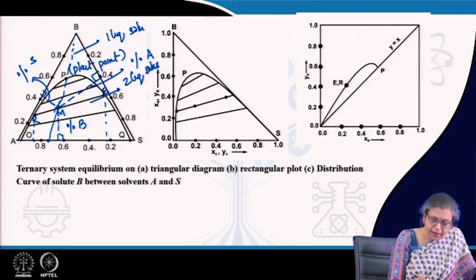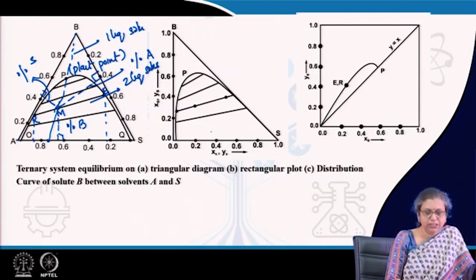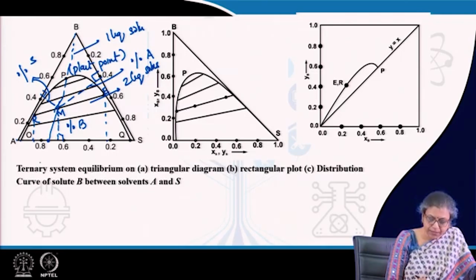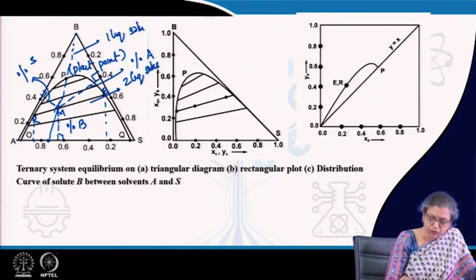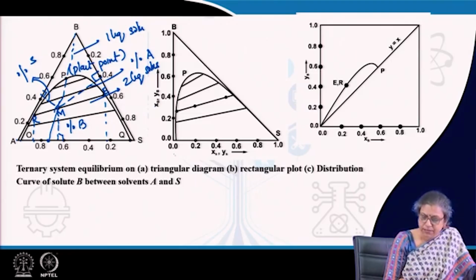Now, rather than this, there is another much more convenient way of expressing the ternary system equilibrium, where we can express the compositions on a rectangular plot or in a right angle triangle. The composition of component B in the raffinate and the extract phase are denoted by the y axis.